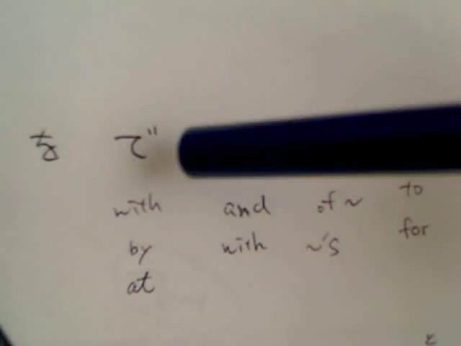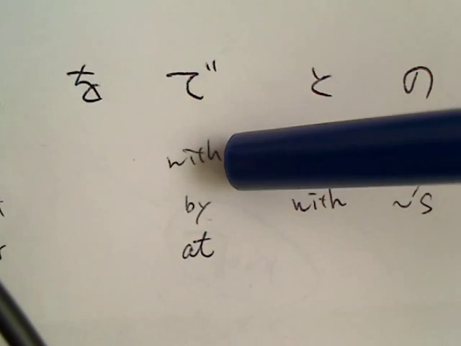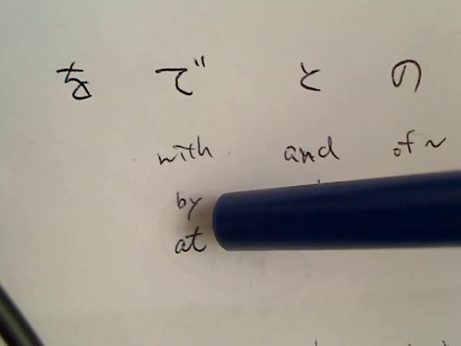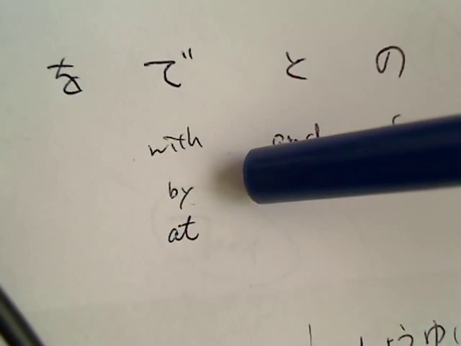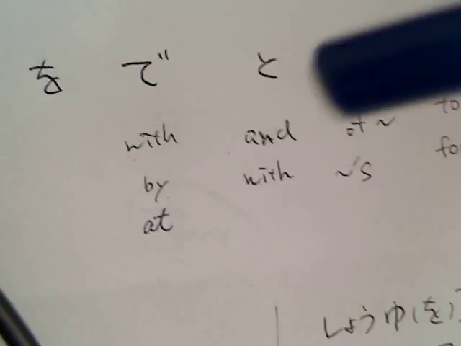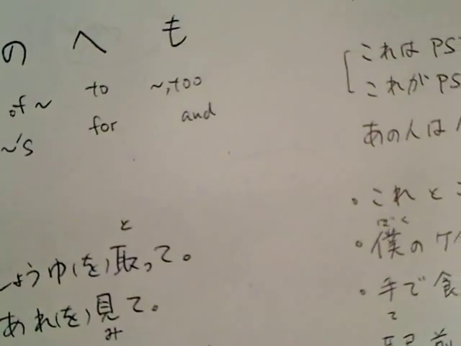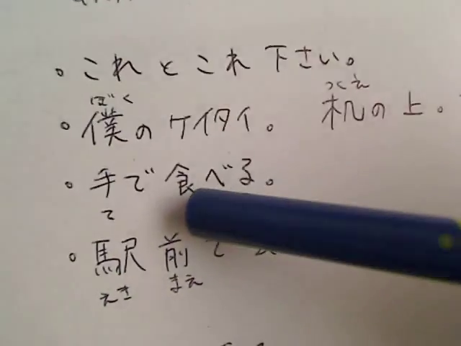Okay, next. で, I think. で can mean with, by, at, place. By something, with something. 手で食べる。You eat with your hand, like Indian people.